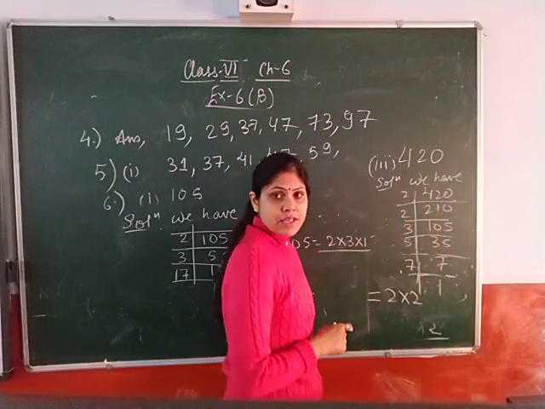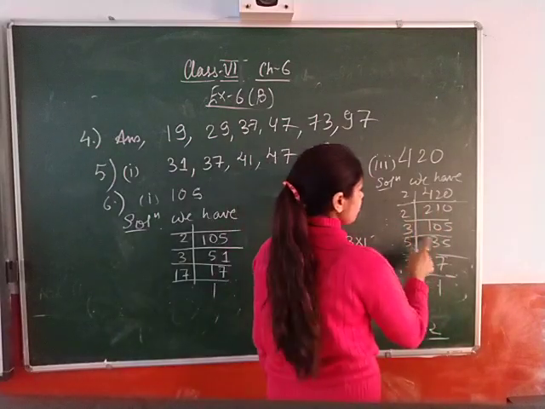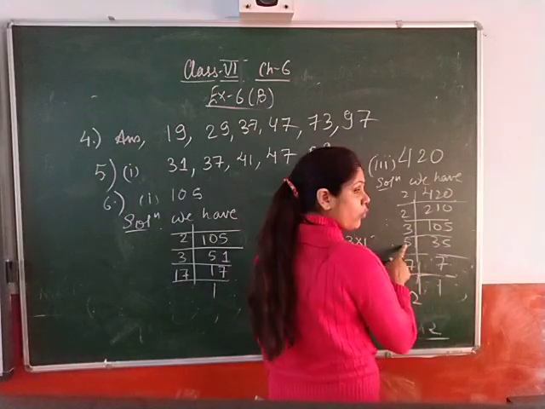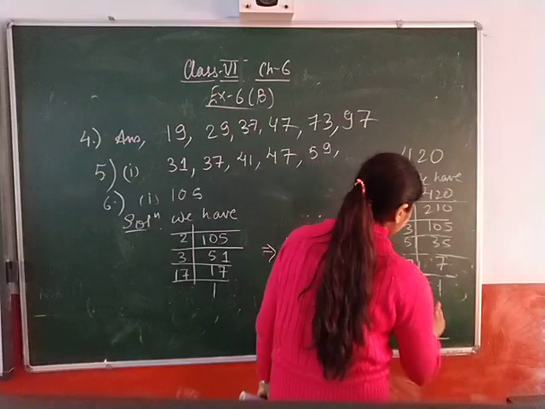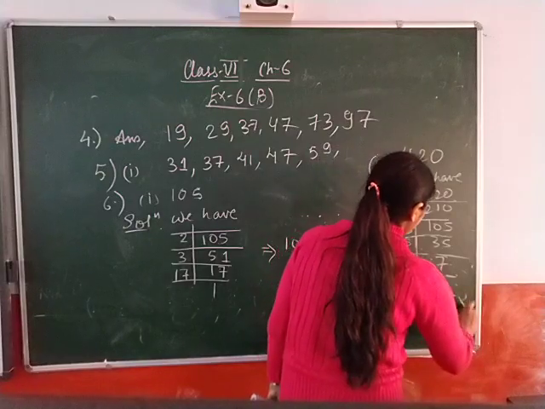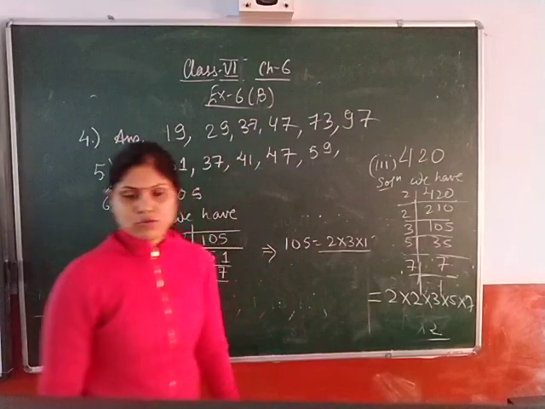Now, because 5 is there, we will try it by 3. So 3 threes are 9 and 3 fives are 15. Now 5, because 5 is there, 5 sevens are 35, second number 7. So what will be the prime factors? 3, 5, 7. Like this you have to solve this question.